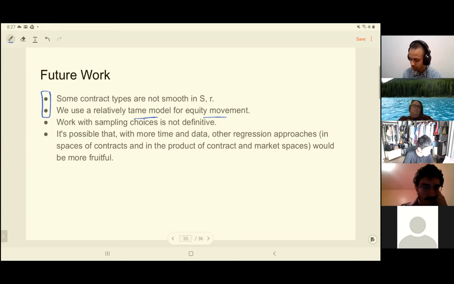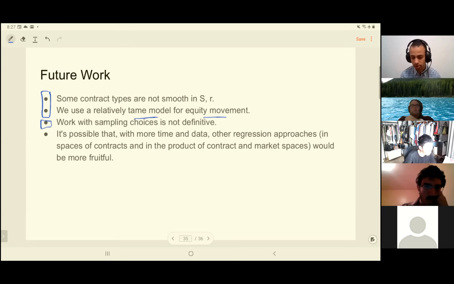Another thing, and this is not an extension to the real world, but just a note for how we can extend the stuff that was done here. The work with the sampling choice is not definitive, right? So we used a pretty low computation power machine to do a stochastic gradient descent on very low dimension slices of the allocation of Monte Carlo computation time. And also the method that we used for interpolating was not one of our best.